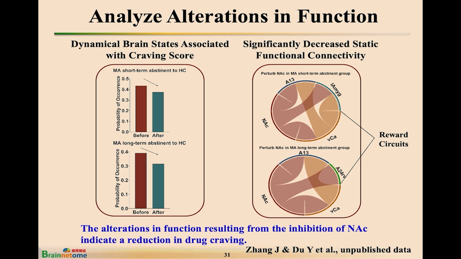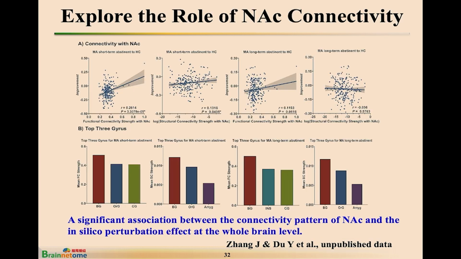We found the region connected with the nucleus accumbens and also belonging to the reward system is best. Here, I also did some correlation between the improvement and these kinds of things.